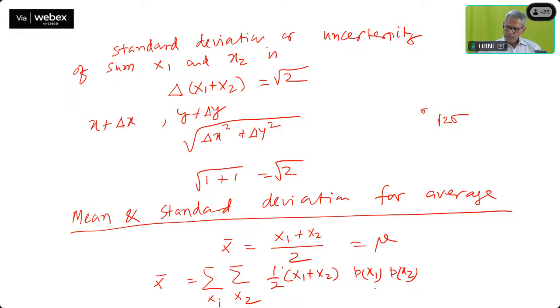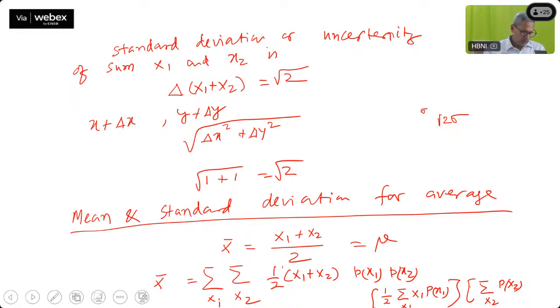So you can write this as half, you can take it out, half sum over x1, then x1 p x1 into sum x2 dx, plus the second term you will get. Okay, let me write down again.